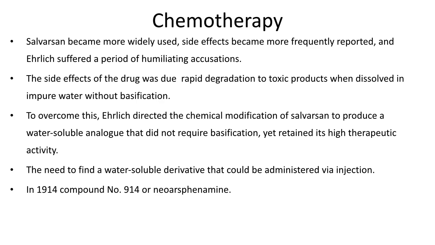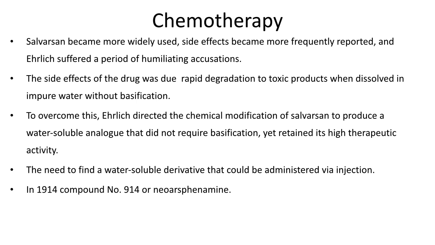To overcome this, Ehrlich directed the chemical modification of Salvarsan to produce a water-soluble analog that did not require basification but retained its high therapeutic activity. The need to find a water-soluble derivative that could be administered via injection was the need of the time.